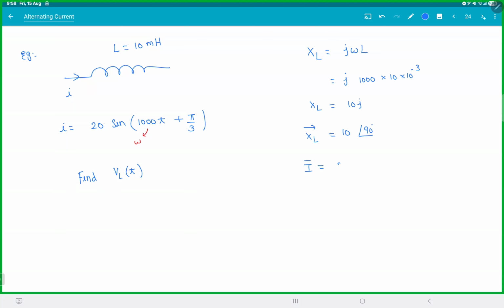Current's phasor form will be 20 into 60 degrees. Voltage VL bar is equal to current into resistance. We don't call it resistance, reactance. That will be 200, 150 degrees. So VL as function of time t will be 200 sine omega t plus 5 pi by 6.